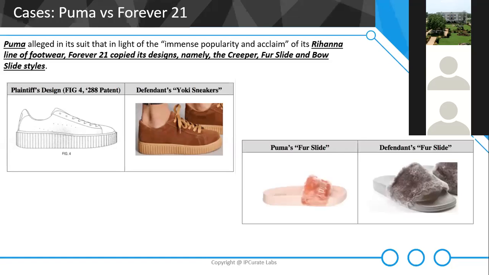As you can see, I mentioned in this slide that there is a similarity between the design of the plaintiff and the defendant. So Puma was having a design for their shoe, and Forever 21 was using their design without their information, due to which Forever 21 has to pay royalties to Puma, royalties for using their protected design.